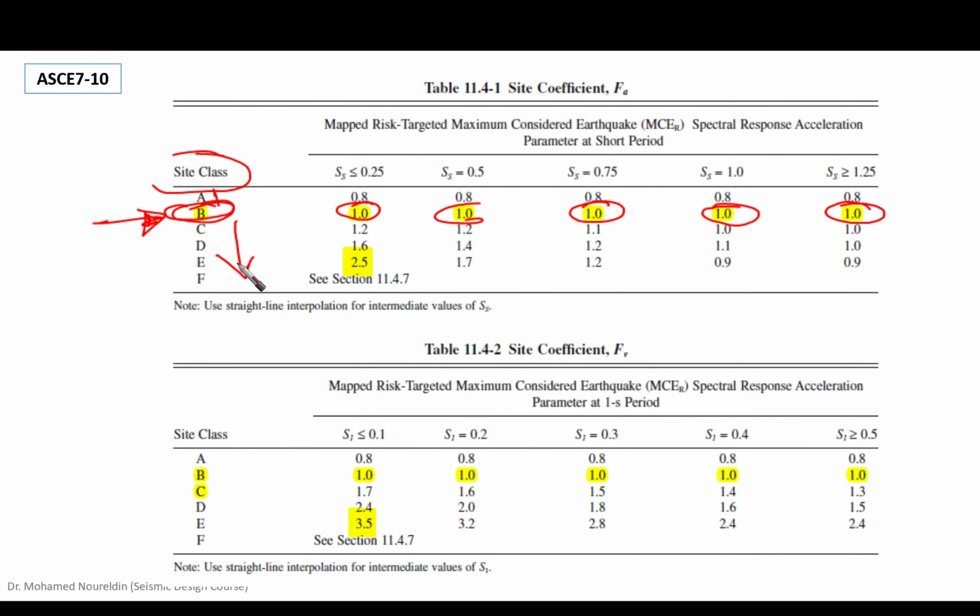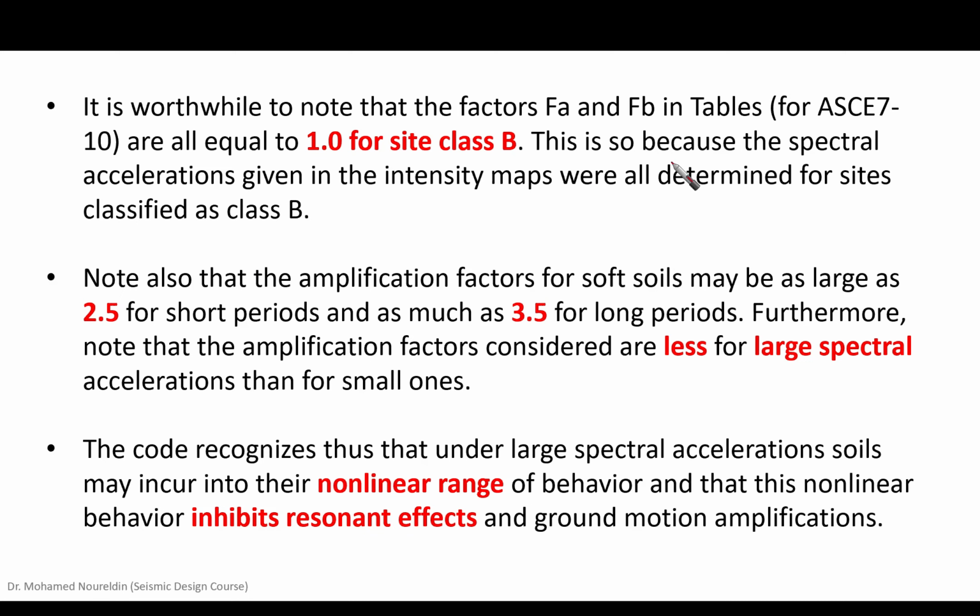So this is only an assumption. This is because the spectral accelerations given in the intensity maps were all determined for sites classified as B. That's it.